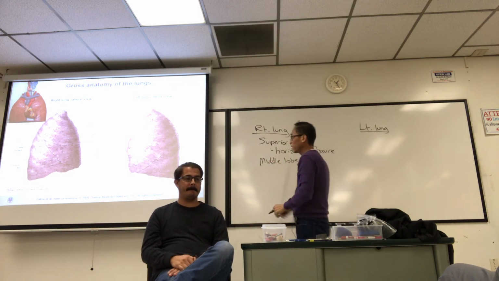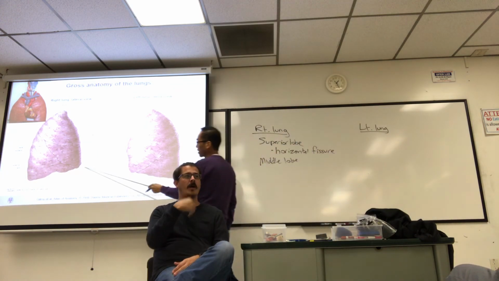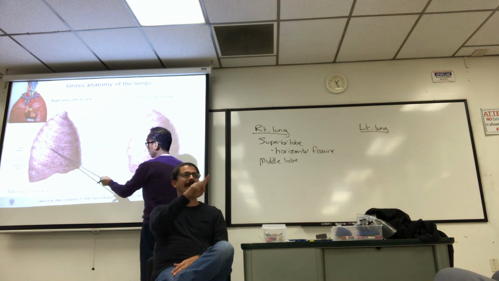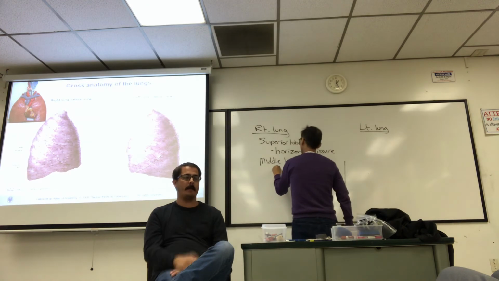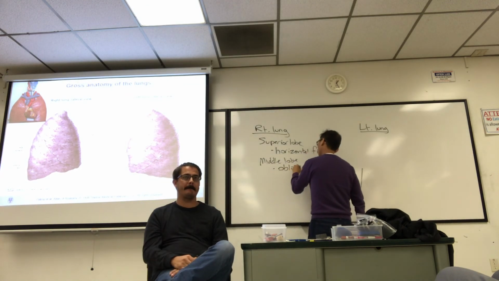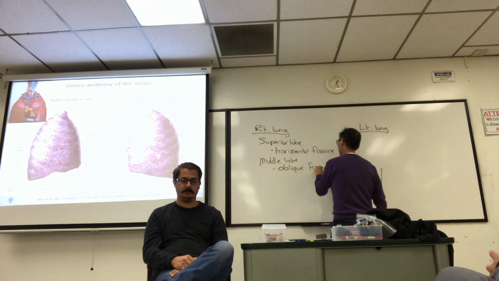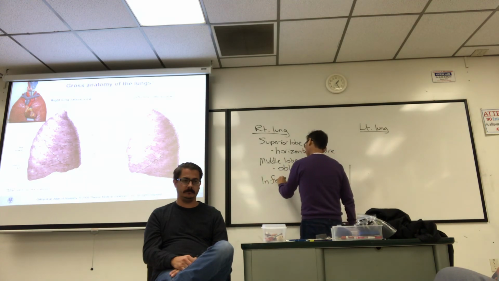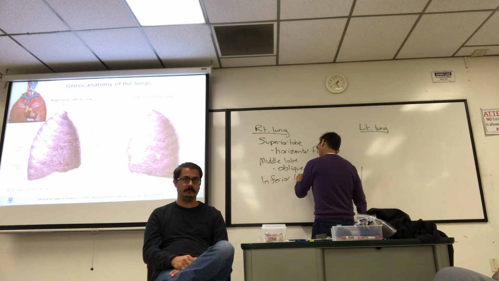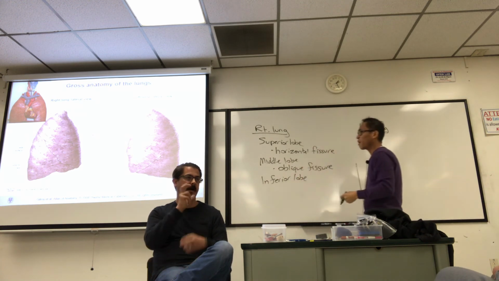Then, for the middle lobe, I see this oblique fissure. Then you have the inferior lobe. So that's not too hard, just the lobes of the lung on the right.